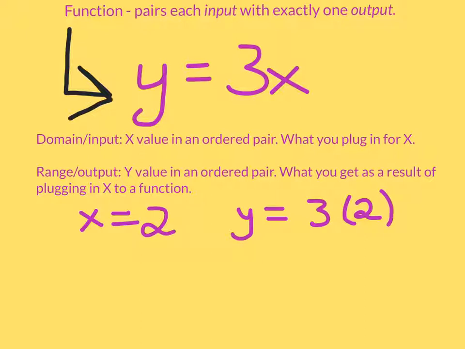Okay? Now let's see what our output or our range is. When our input is 2, our output, or y, is 3 times 2, which is 6. Okay? So our input would be 2, and when our input is 2, our output is 6 for this particular function.